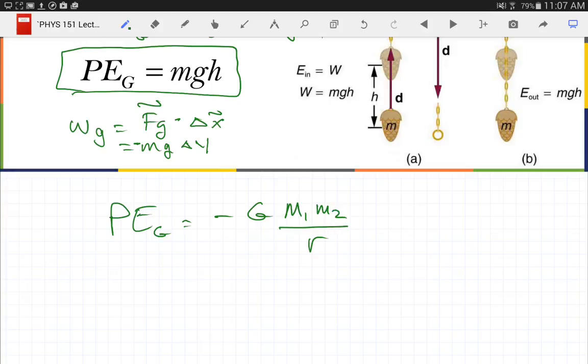Looks just like the force equation, except the force equation was over separation squared. This minus sign means that gravitational potential energy is always negative, never positive when you're using this form.